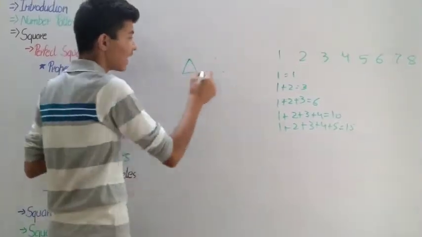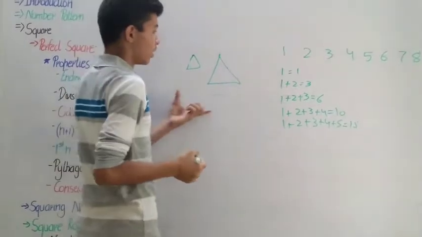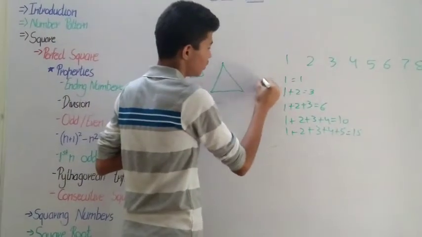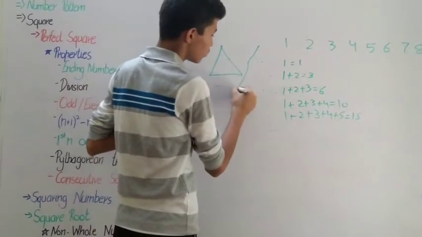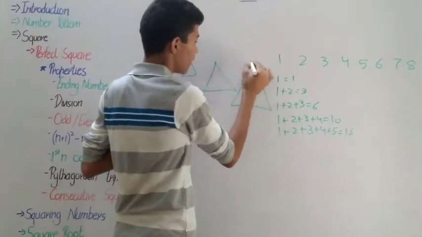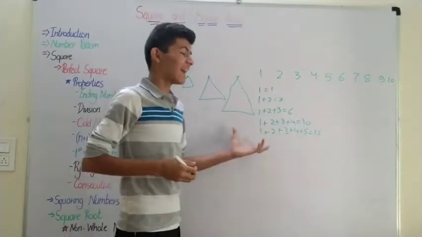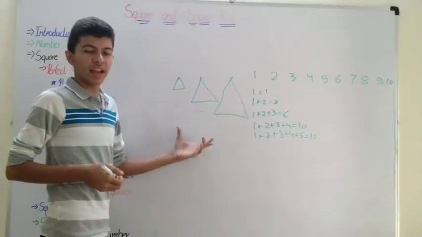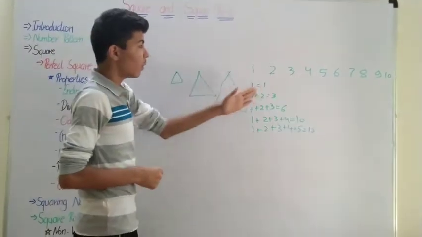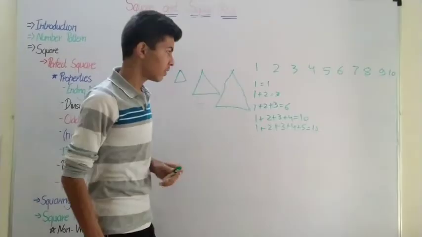In the second case, joining the dots gives a triangle, and likewise for 1, 2, 3 and 1, 2, 3, 4. In every case triangles are formed. So these numbers are known as triangular numbers: 1, 3, 6, 10 and 15.